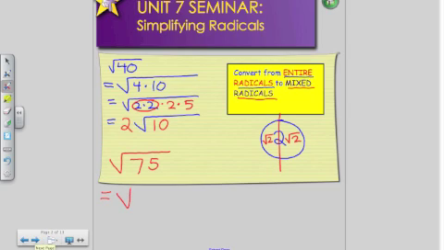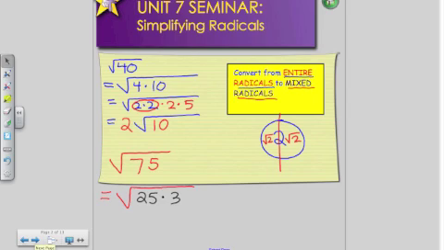Can someone tell me 2 numbers that multiply to 75? You don't have to break it down completely, but 2 numbers that multiply to 75. Suleika? 25 and 3? Good. 25 times 3.